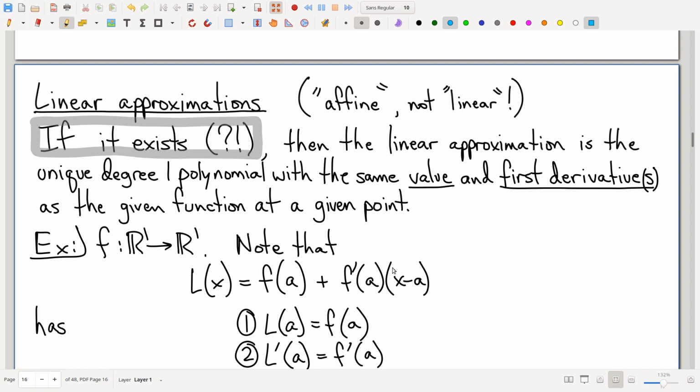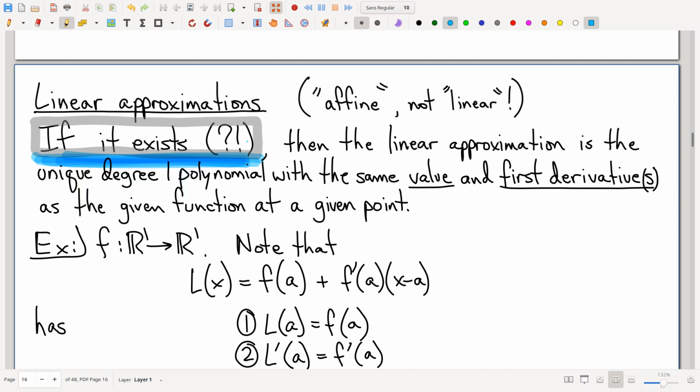Okay, so notice I deliberately glossed over a few minutes ago this point right here. I say, if the linear approximation exists, then it would be blah, blah, blah. So why do I say if it exists?